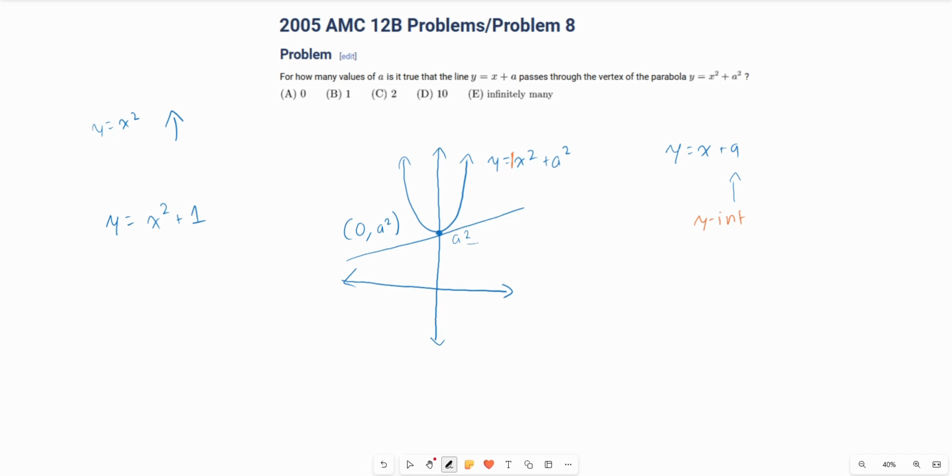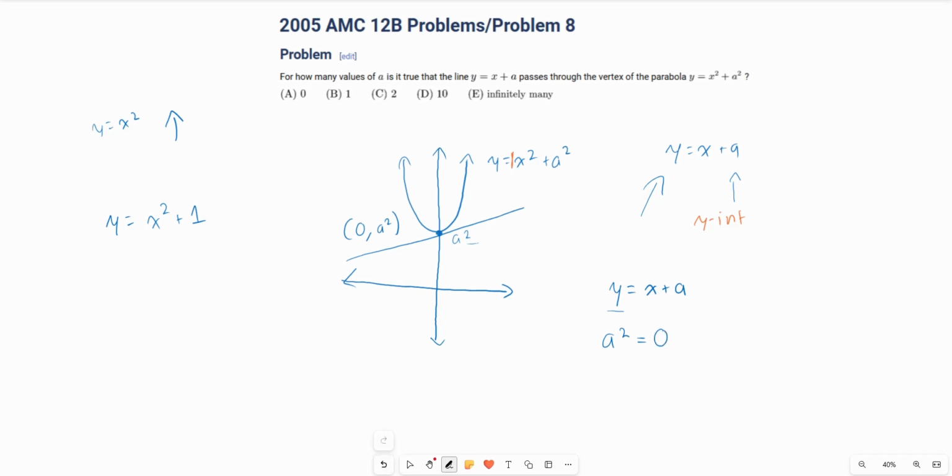And let's use the equation of the line. So y is equal to x plus a, and we want the y value to be a squared because that's the intersection of the y value, and x equals 0 because there's no right or left shift in the parabola.